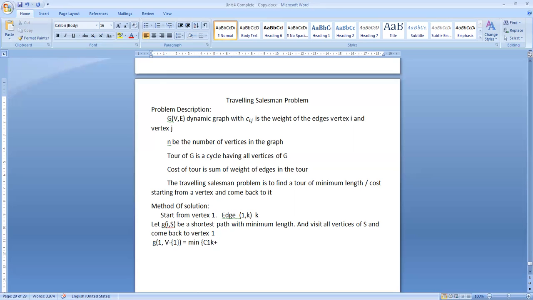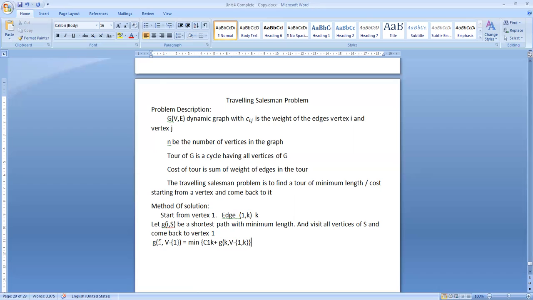What is that? That is nothing but g of k comma V minus 1 minus k. I'm starting from vertex k and visit all the remaining vertices other than this k. So it is a recurrence relation.